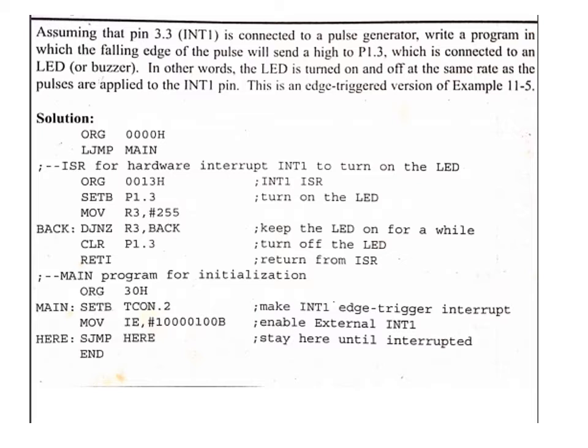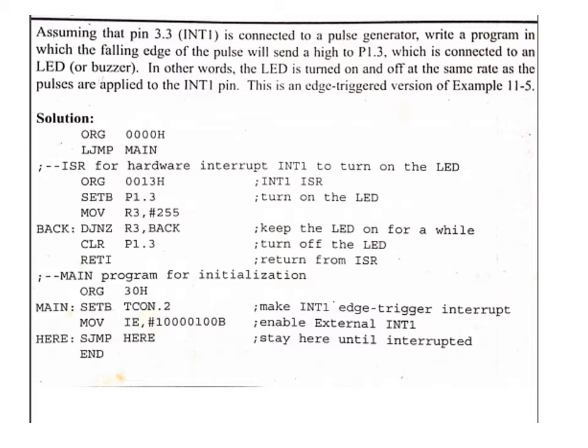The only difference is here INT1 should be made edge triggered, whereas in the previous program it is level triggered, that is when a logic 0 signal is received the microcontroller is interrupted, whereas here when a falling edge of the signal is detected, that is when there is a transition from logic 1 to logic 0, then the microcontroller gets interrupted.